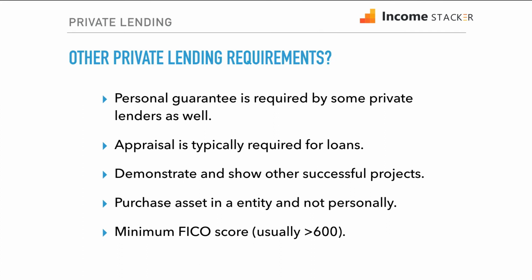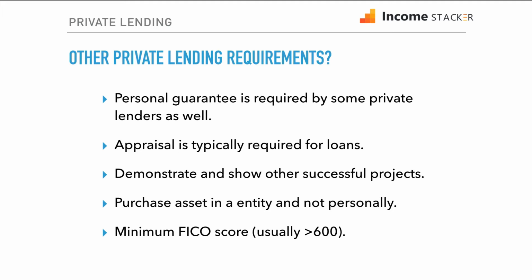Other private lending requirements: a personal guarantee is required by some private lenders as well. A lot of private lending nowadays, it seems like most all of them, are requiring a personal guarantee. My opinion is it should be asset-based lending. It should be based on the asset, and therefore you only loan up to a certain loan to value, and then you're protected.